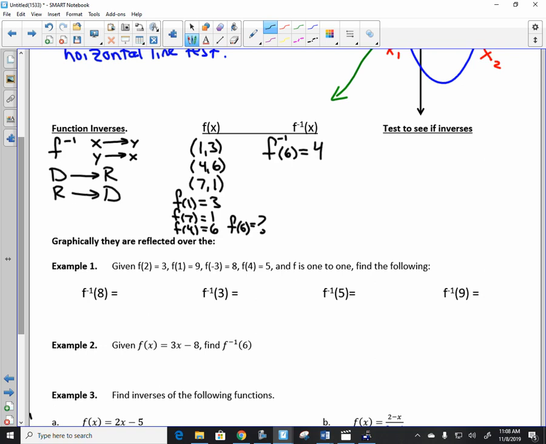Or if a person scored 2 goals, who was the person who scored the 2 goals? Tell me who the person was that corresponds to it. If I ask you f inverse of 3, you would tell me 1. And if I ask you f inverse of 1, you would tell me 7. What if I ask you f inverse of 4? We don't know because there's no y value of 4.